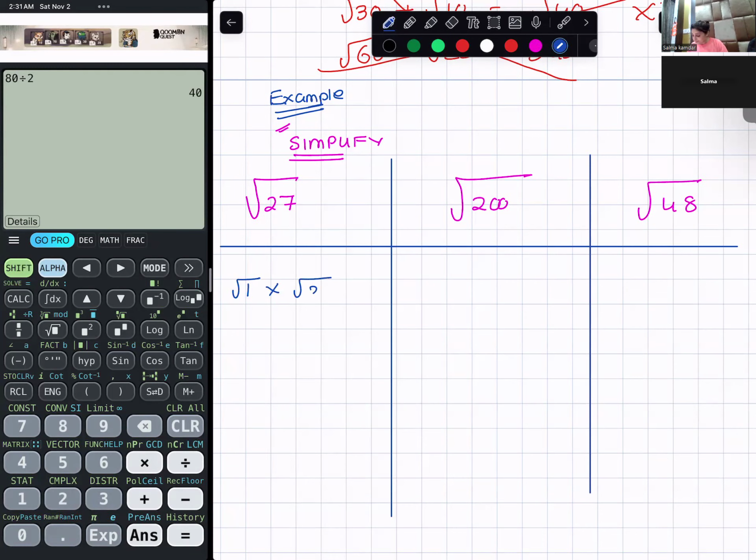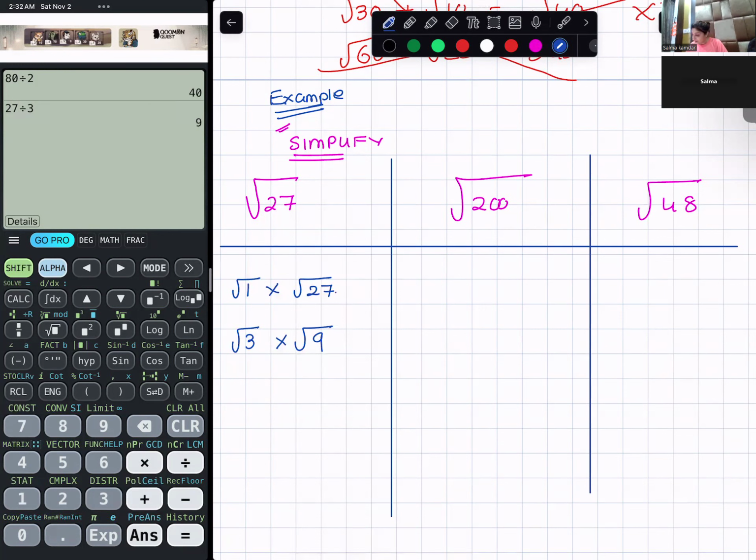So 1 times 27 is 27. 27 does not go in the table of 2. So I will do 27 divided by 3, 9. So 3 times 9 is going to give me 27.